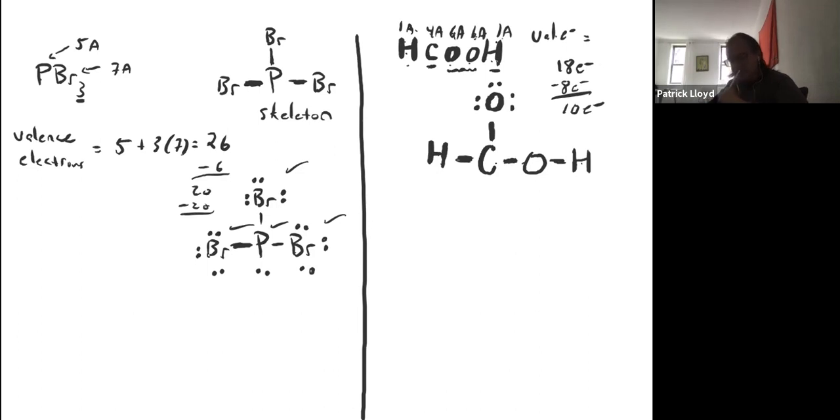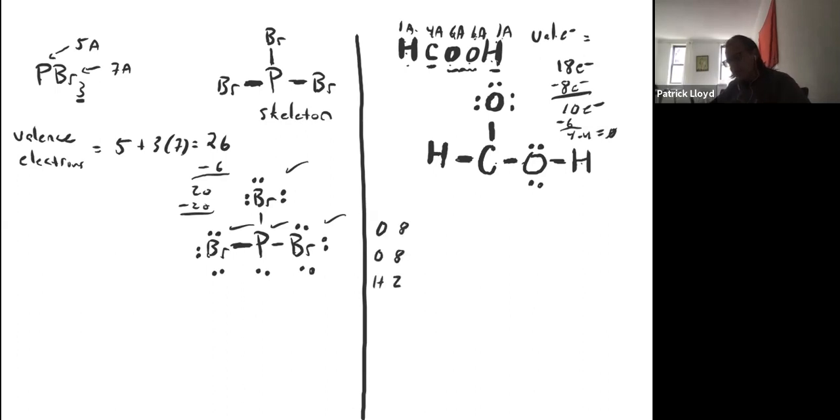Okay, so there's 6. So I'm down to 4. I've run out, right? I'm done. And the carbon still only has 6. So we have an interesting situation here. Oxygen has 8, octet.